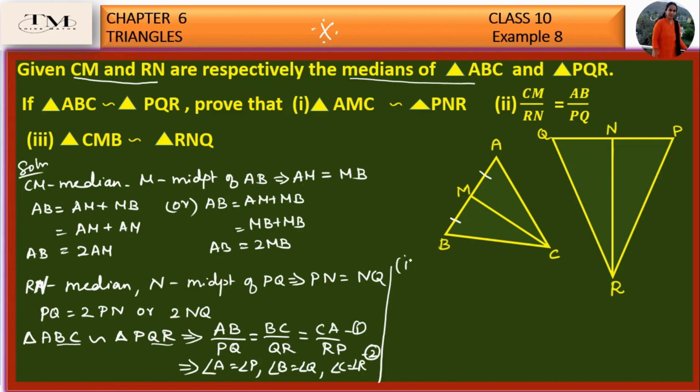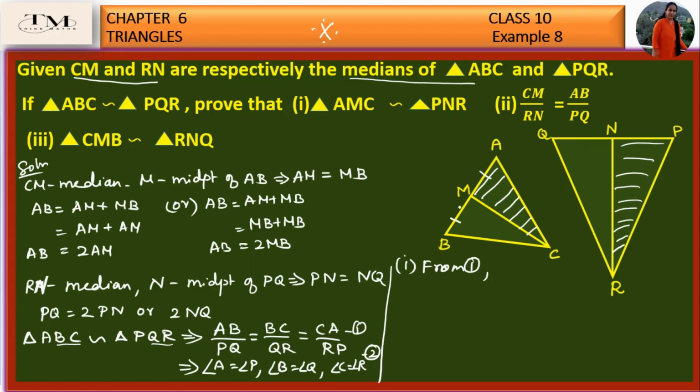Now, the first part. What is the first part? We have to prove triangle AMC is similar to triangle PNR. So from 1, we are going to choose the ratios that suit these triangles AMC and PNR.